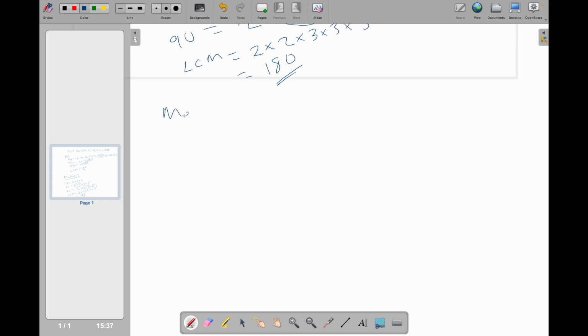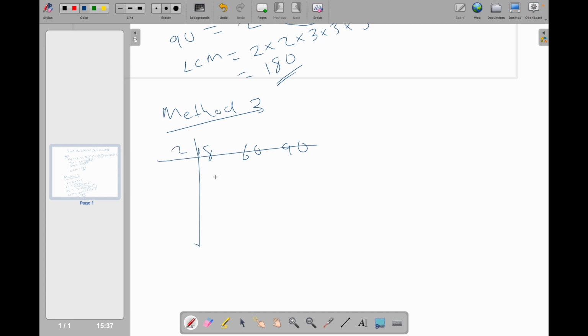Okay, method number 3, my favorite, method 3. So on method 3, we just come here and put 18, and we put 60, and we put 90. So we start with 2.